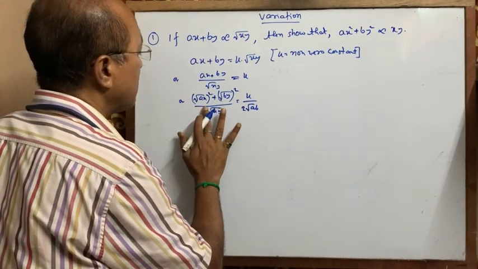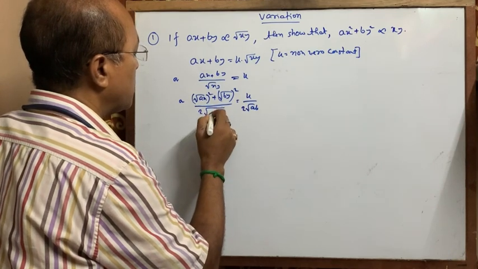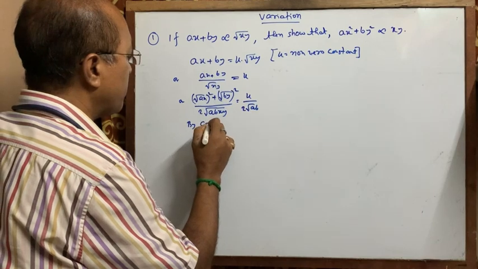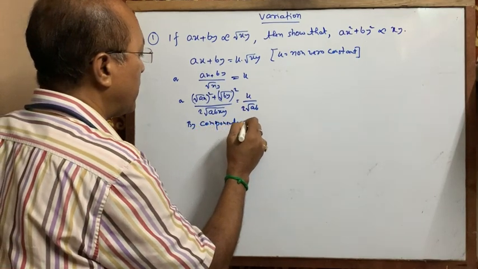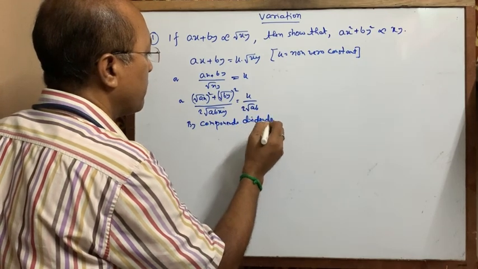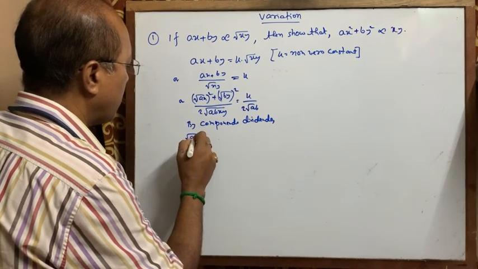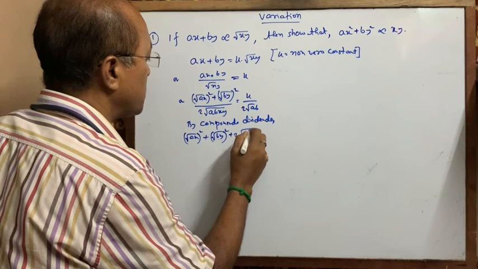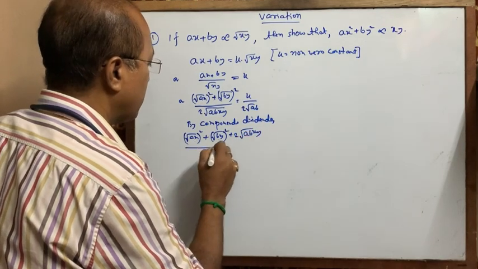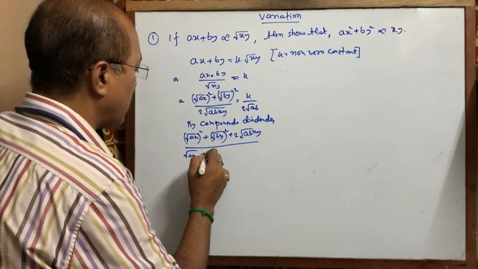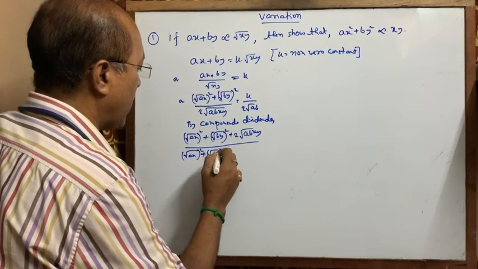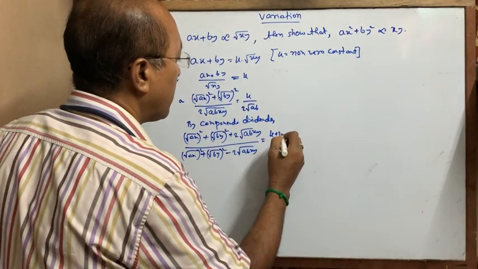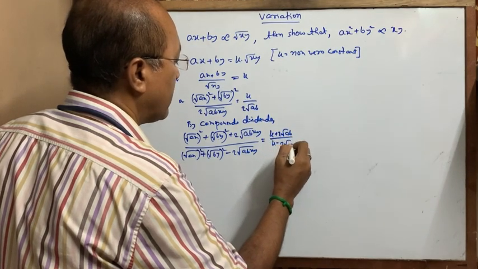So this one becomes 2 root abxy. Now by componendo dividendo, we can write (root ax whole square plus root by whole square plus 2 root abxy) over (root ax whole square plus root by whole square minus 2 root abxy), that is equal to (k plus 2 root ab) over (k minus 2 root ab).